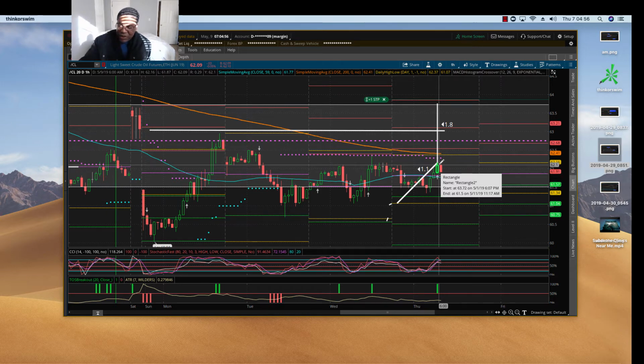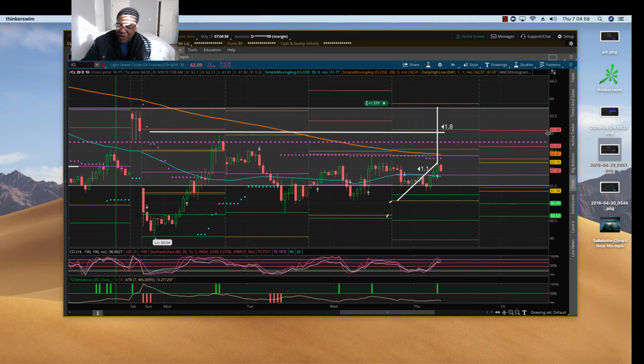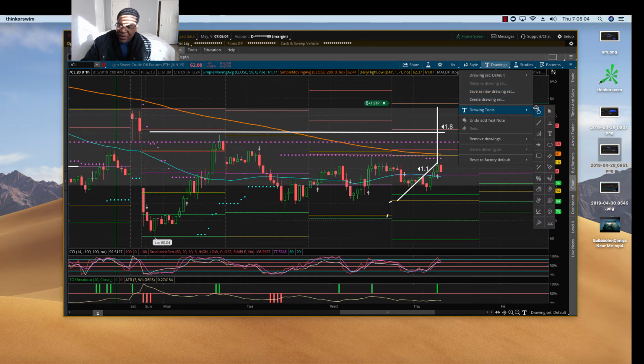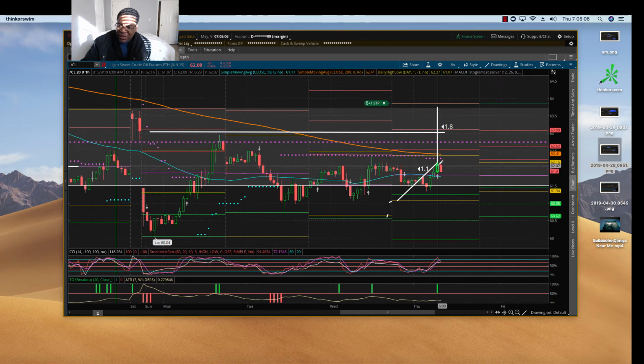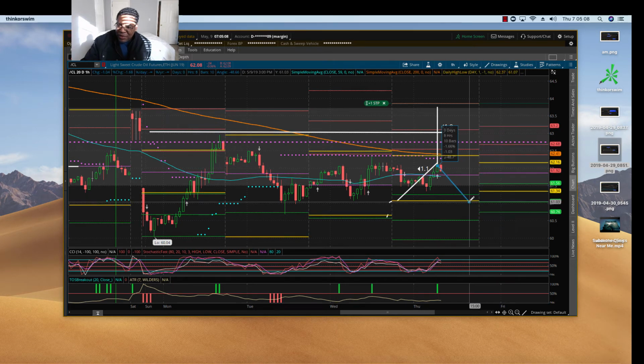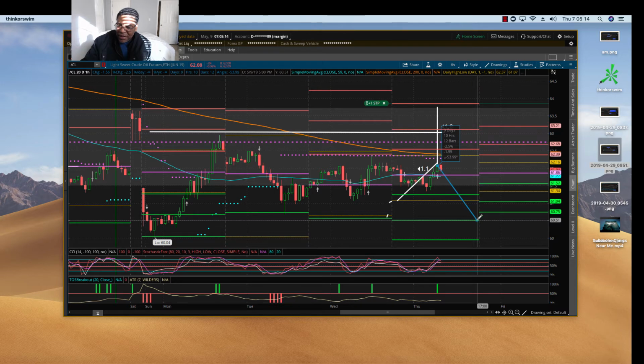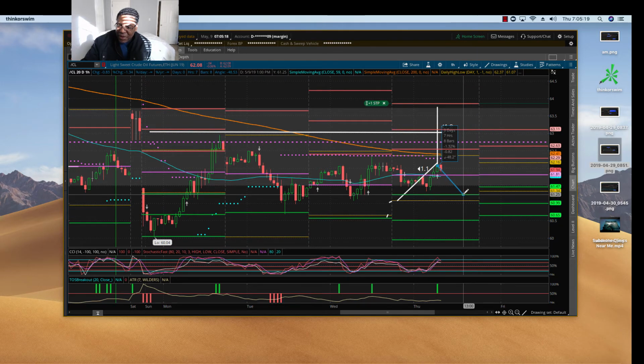Okay, so what you're obviously trying to do is move $1 down. Okay, $1 down. So that would put us maybe around the previous low, or we might even hit S2. You might want to get out here at S1.